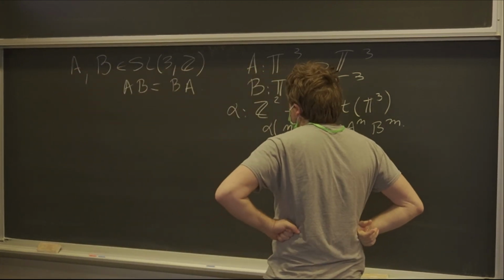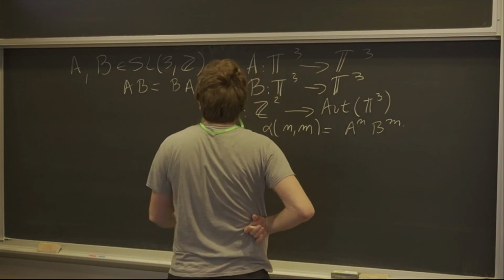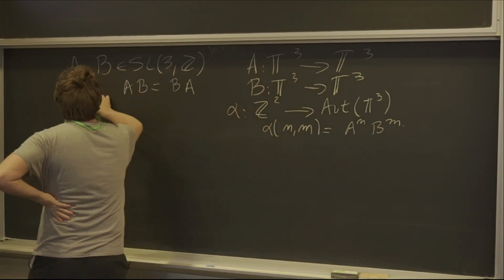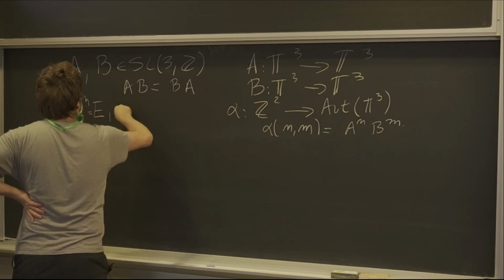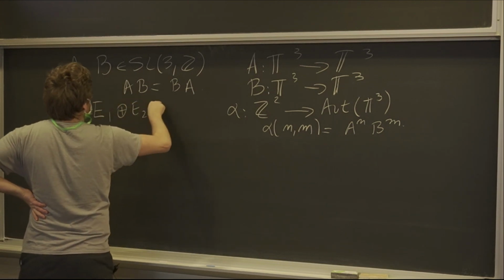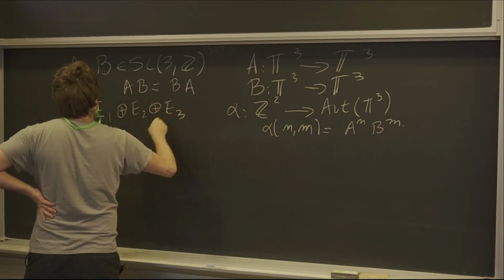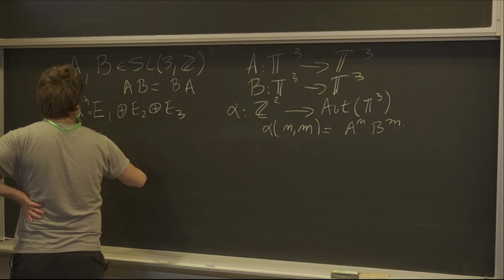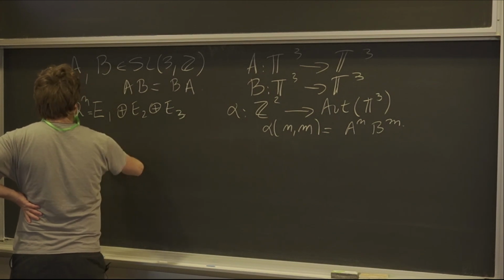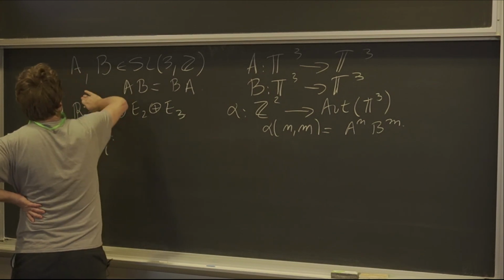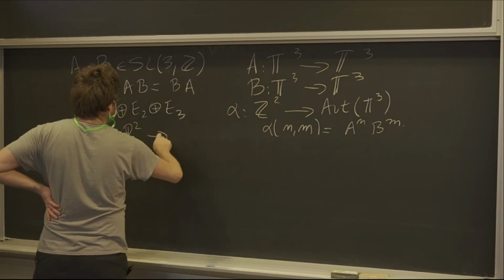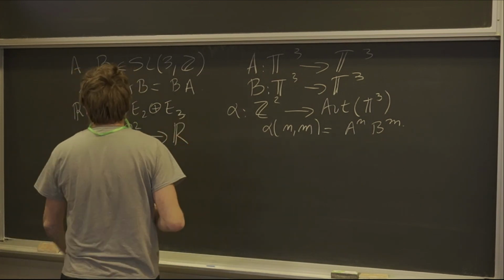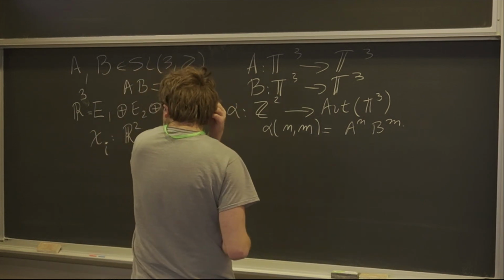And we are making some assumptions that imply that we have this splitting. R3 is E1 plus E2 plus E3, and three associated exponents chi i, which are linear maps from R square to R, which are the extension of the characters.